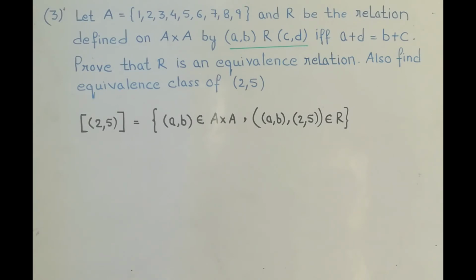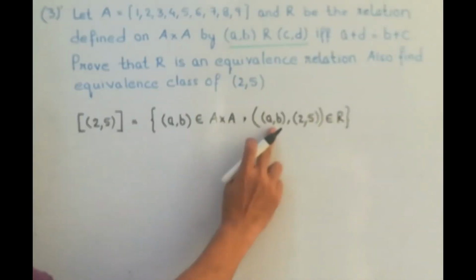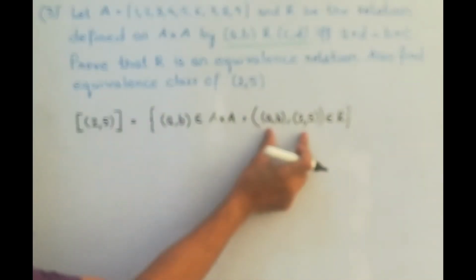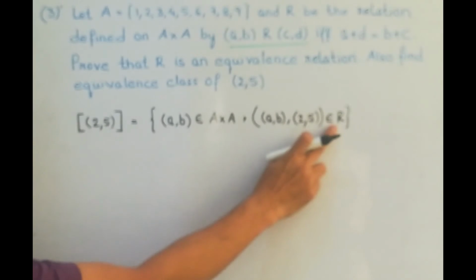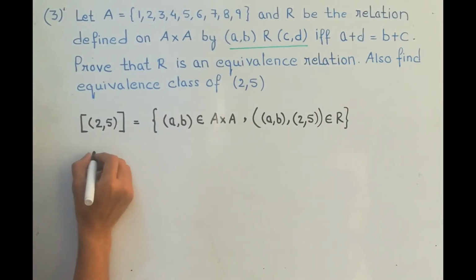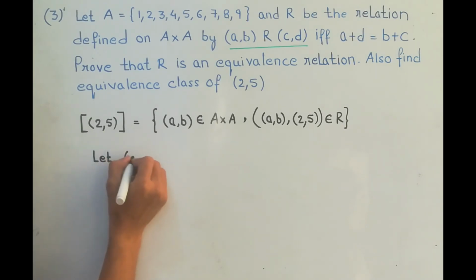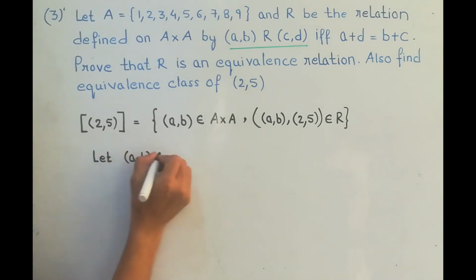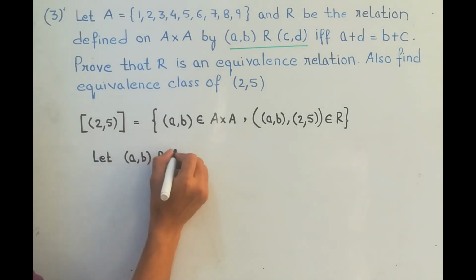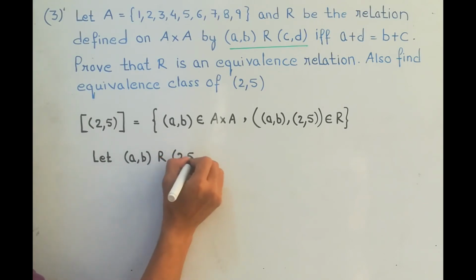This we have done when we started with the equivalence class. So this was the formula for it. Now let this and this belong to R. So we can write, let (a, b) be related to (2, 5).